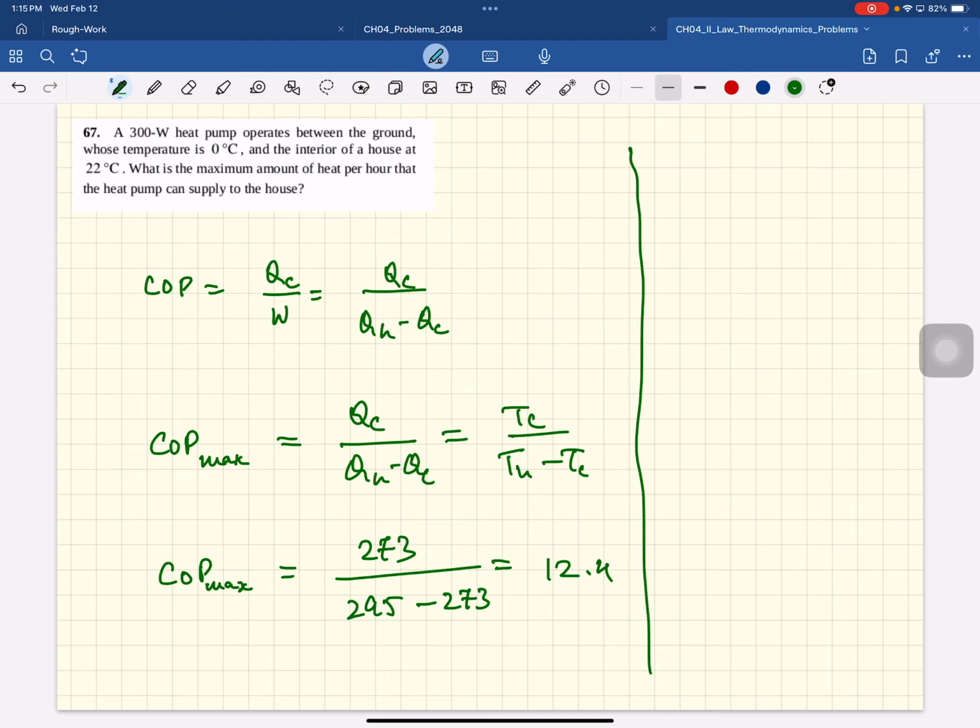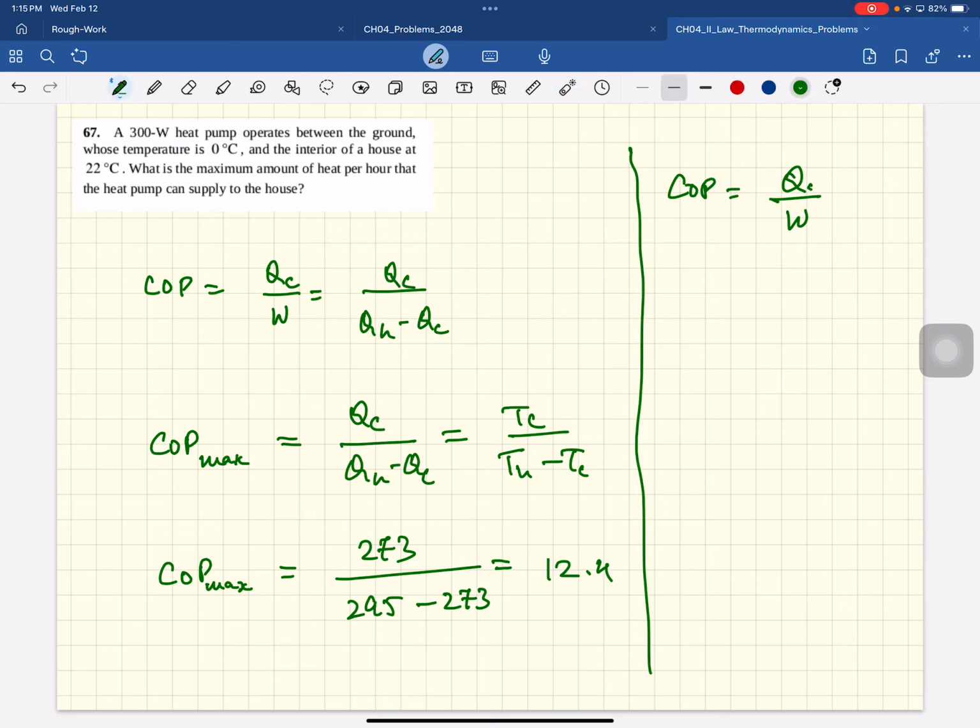And COP, of course, is Q divided by W. What is the maximum amount of heat per hour that the heat pump can supply to the house?